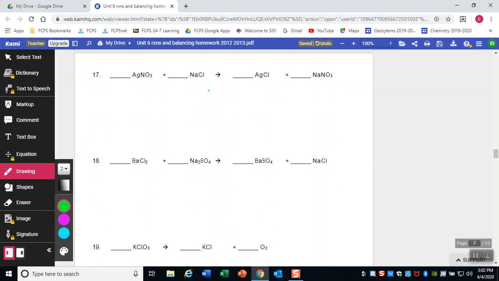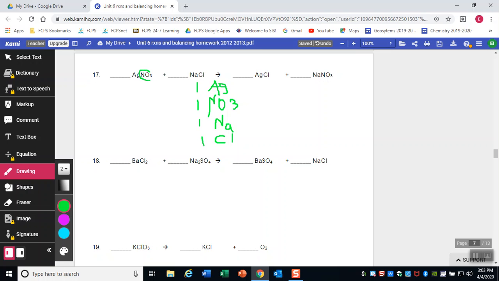Good. So now I've got a silver, a nitrate, sodium, and chlorine. So 1, 1, 1, 1. One of each.